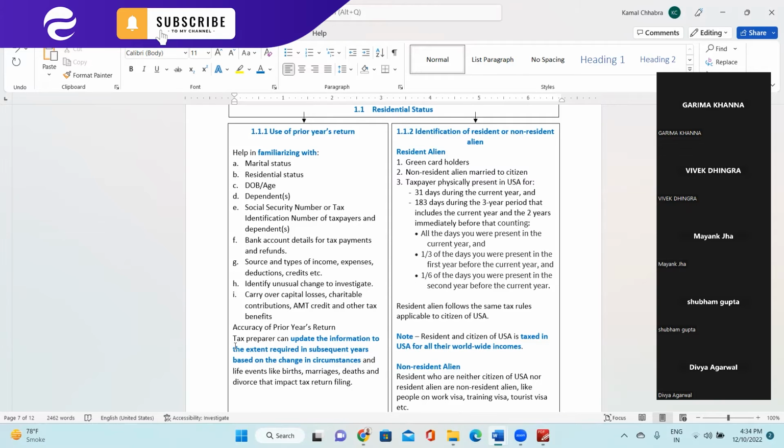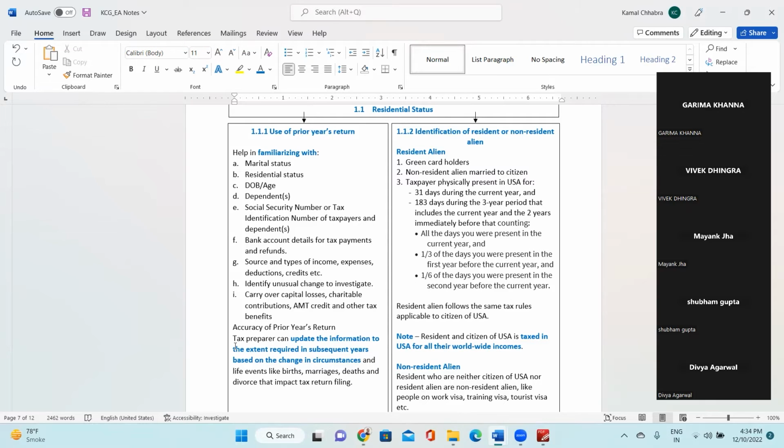Second is a taxpayer physically present in the United States for 31 days during the current year. That means in the current year in which you have earned the taxable income, you are in the US for more than 31 days. Also, 183 days during the 3-year period that includes the current year and the 2 years immediately before that year.